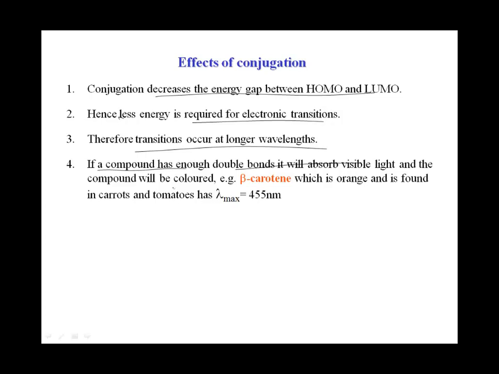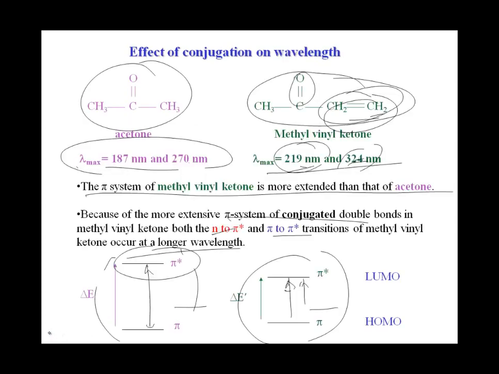So if we look back at these transitions, we're talking about 187 to 270 nanometers. Now acetone is colorless because it has no transitions in the visible. The visible region goes from about 400 up to 700 nanometers. So these all lie in the UV region, and you don't get any absorption from the visible spectrum, so it's colorless.